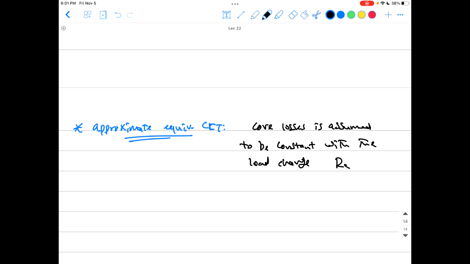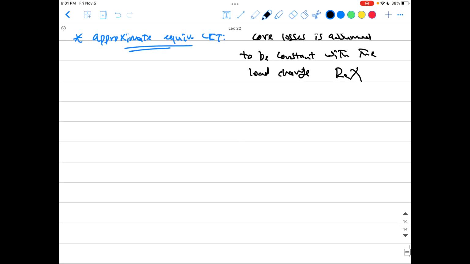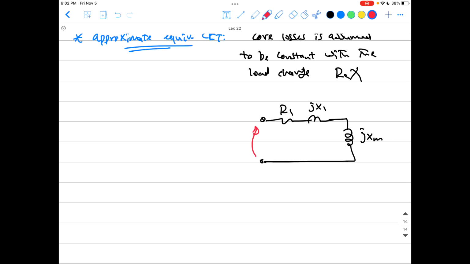So we don't have RC. Okay, guys? So for the no load condition, like we said, that is R1, jX1, and then just jXM, because we don't have RC. And for this, that is the voltage V no load, and the current going here is I no load. Again, we are dealing with the no load condition, because that's our test. Okay, guys?